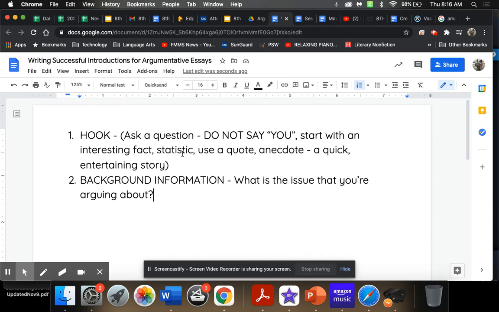You're not writing about texts, though. You're writing about an issue. So you're giving background information on an issue. And then the last thing you're going to use is your claim. And this is one statement with your reasons. You guys should know your reasons because you just did two body paragraphs on those.